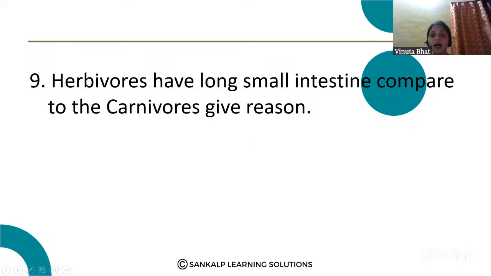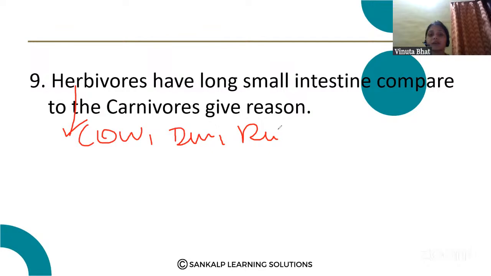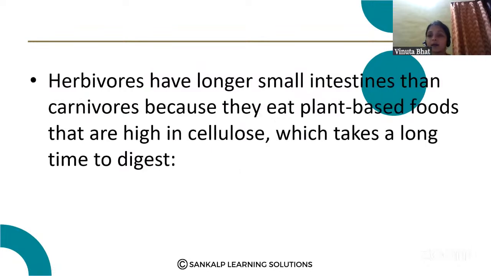Question number 9. Herbivores have a long small intestine compared to the carnivores. Give reason. Herbivores means like cow, deer, rabbit. So these all are the herbivores. Why do they have the long small intestine compared to the carnivores? Because the herbivores depend on grass or plants for their food. So the plants contain cellulose.